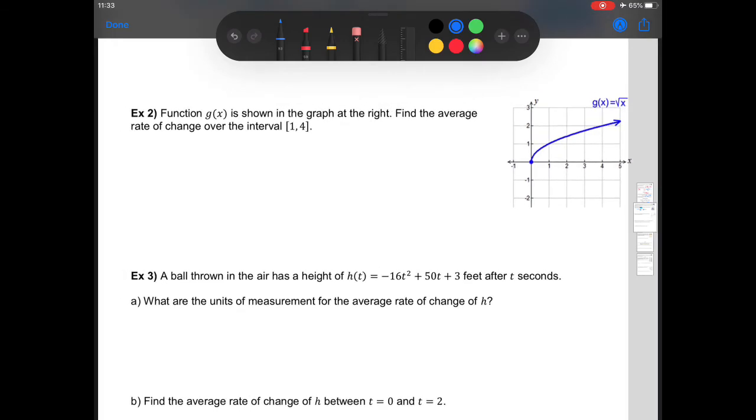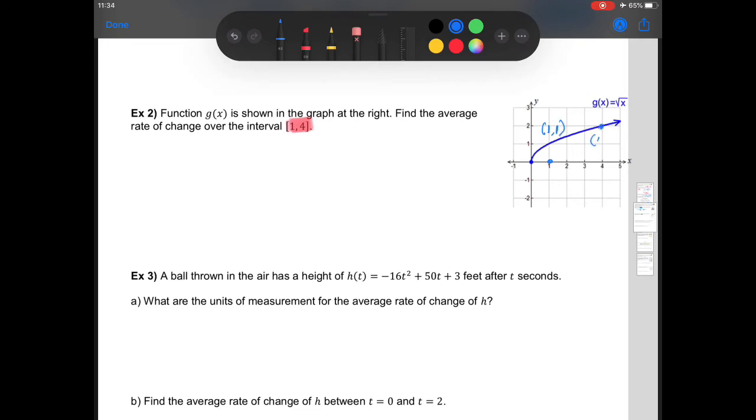The next one, how do you graphically determine the average rate of change? Function g of x is shown in the graph at the right. Find the average rate of change over that interval. So again, focus on your interval from 1 to 4. When x is 1, what's my y value? You need to find that, right? It is 1.